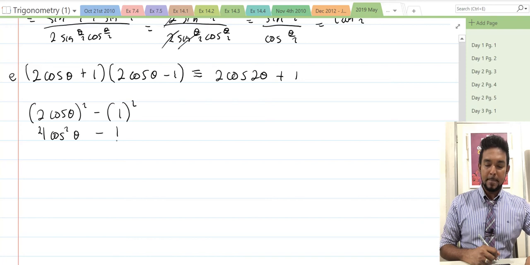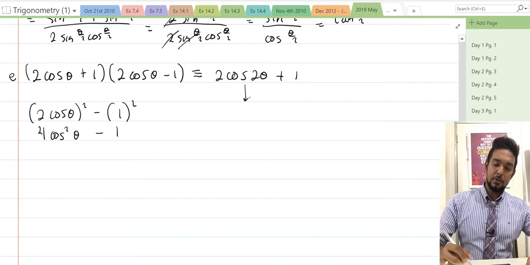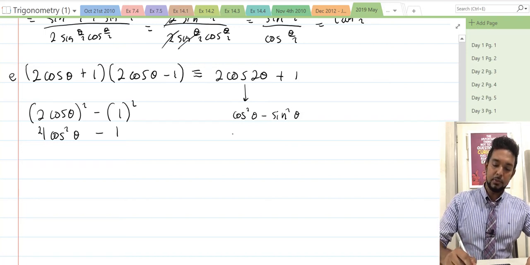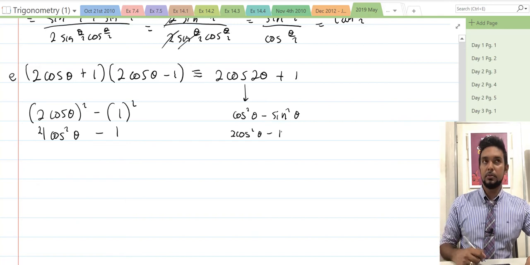Aha! Alright. So how does that help us? So remember, if we just take cos 2 theta, our initial expansion is cos squared minus sine squared, right? And then if you convert sine squared into cos squared, we end up with 2 cos squared theta minus 1, not so?